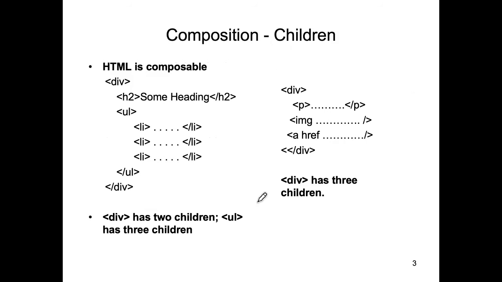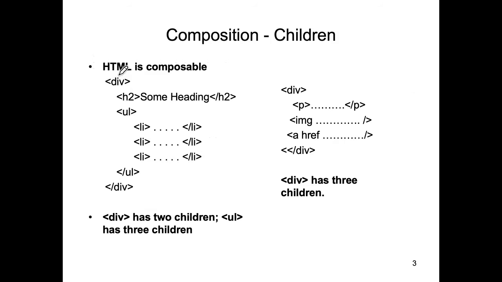Now, before I talk about those patterns, though, I just want to mention the concept of children. In the slide here, I'm talking about children just in the context of HTML. It turns out that HTML is very much geared towards composition as well. You can compose elements from other elements.